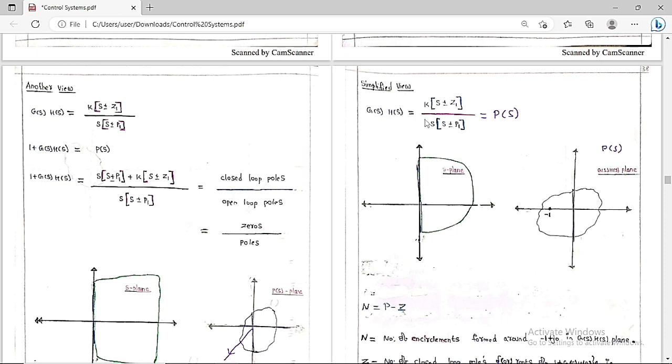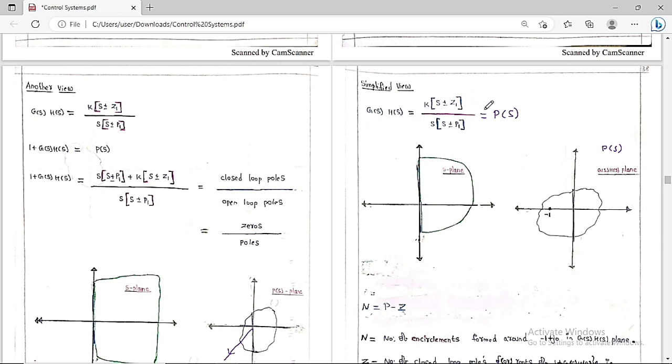Now listen carefully. I will take the entire right half of the S plane, try to enclose it, and keep all these points in this equation, in this P of S or G of H of S.